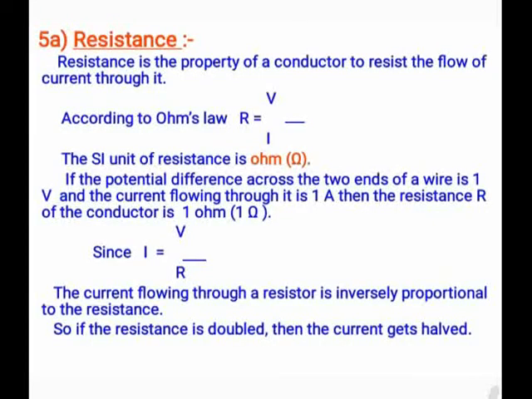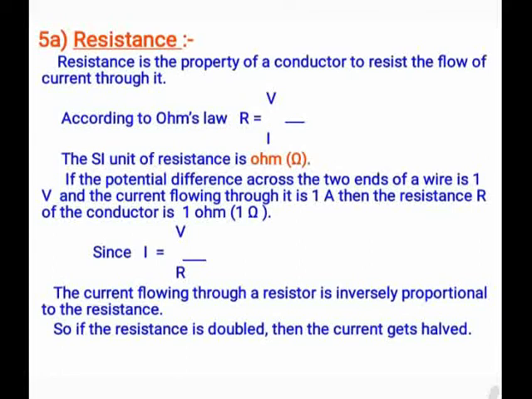Resistance. Every conducting material opposes the flow of electricity. This is called resistance. Resistance is the property of a conductor to resist the flow of current through it. According to Ohm's law, R = V/I. The SI unit of resistance is the ohm.